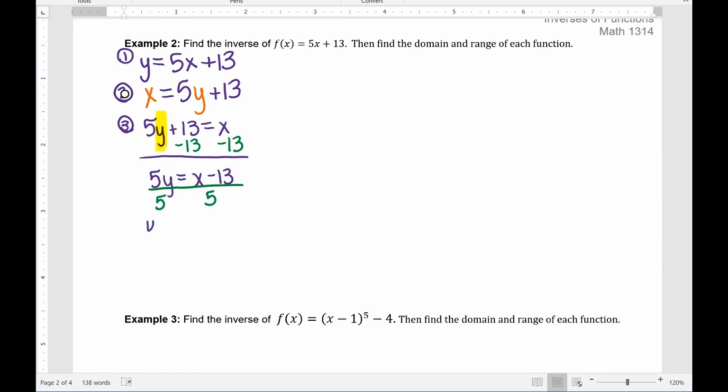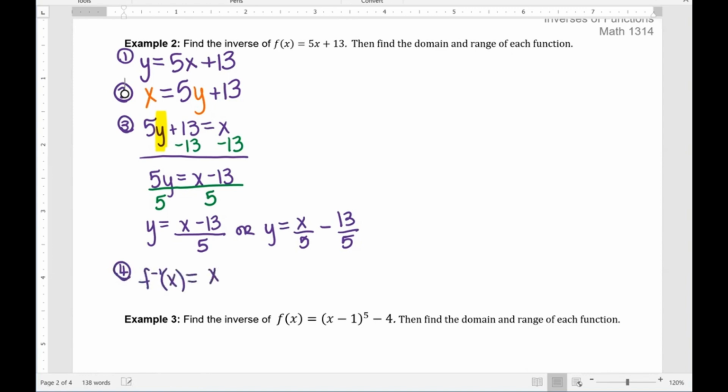You have two ways that you can write this. You can leave it as x minus 13 all over 5. Or you could do x over 5 minus 13 over 5. Either one is fine. But in the fourth step, you need to make sure that you replace y with the inverse notation.